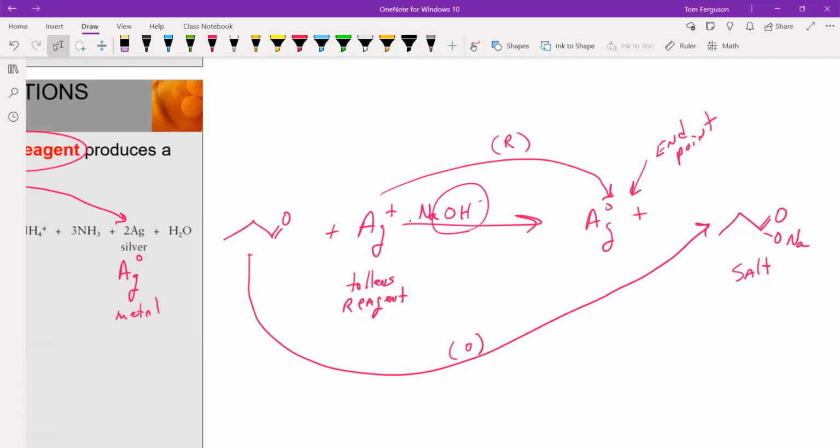Okay, now there's a similar reaction we're going to talk about, the Benedict's reaction. So we have two reactions, and what's going to happen is, if we started with a ketone, there would be no reduction of the silver to silver metal.